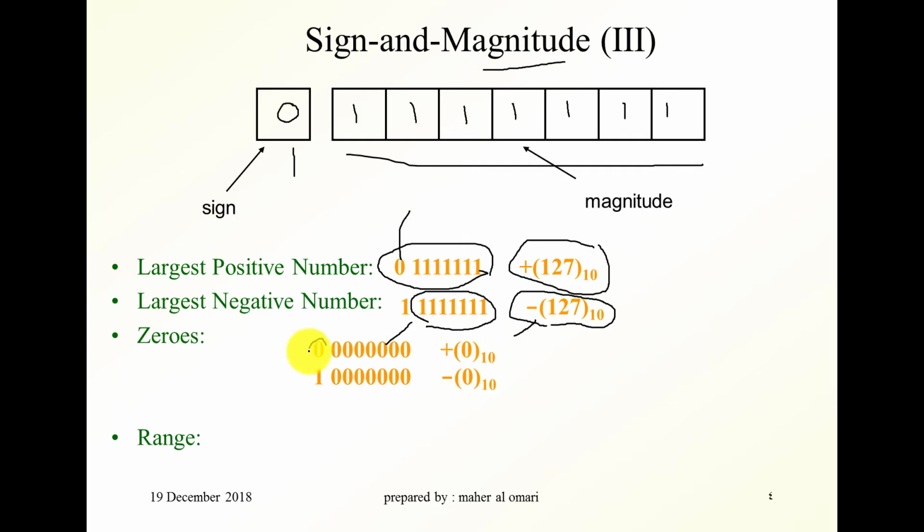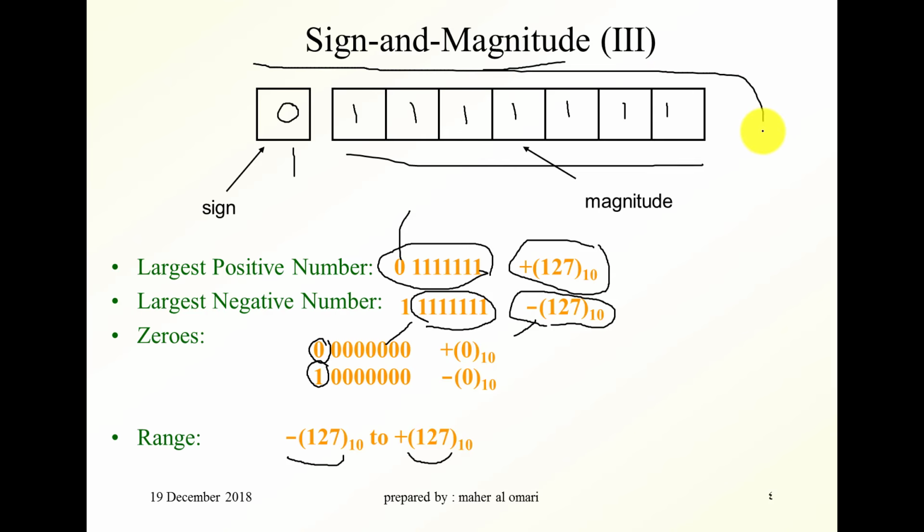We have a positive 0 and we have a negative 0. It's not good to have two representations for the same number. So the range here is from minus 127 to plus 127, if we are talking about an 8-bit number in this sign and magnitude notation.